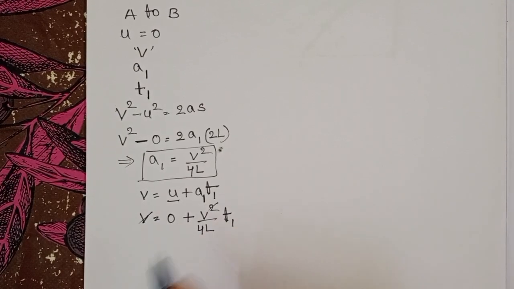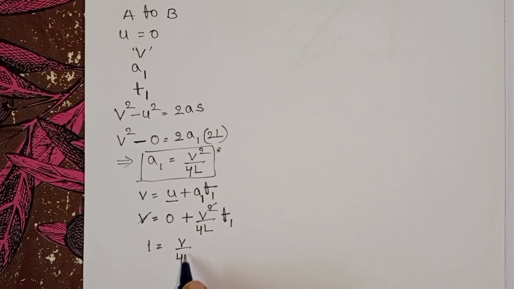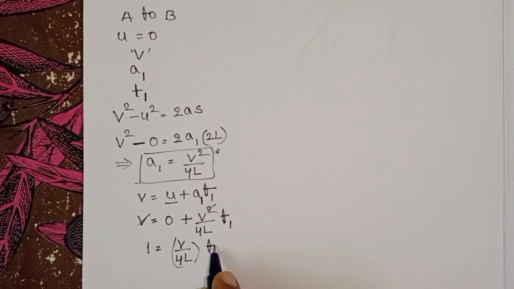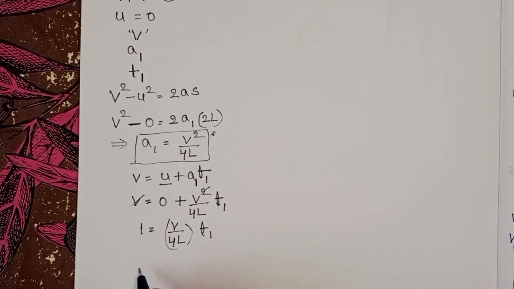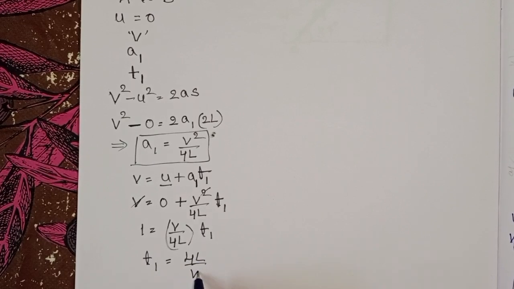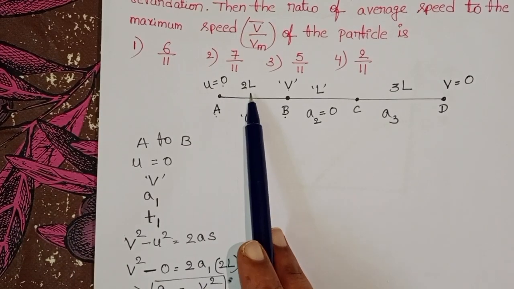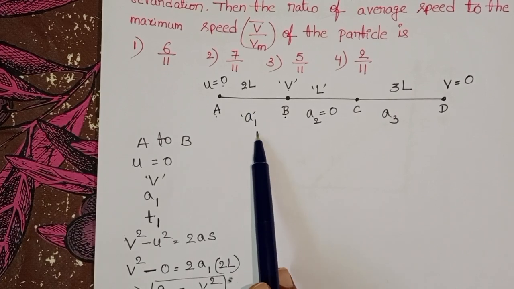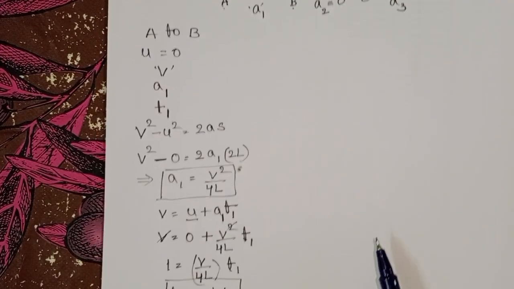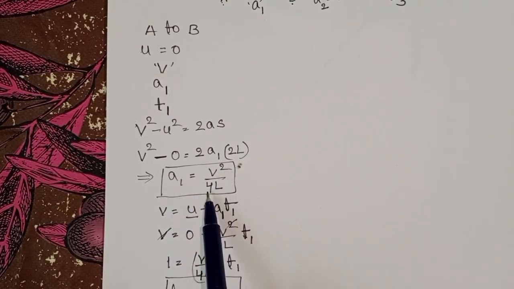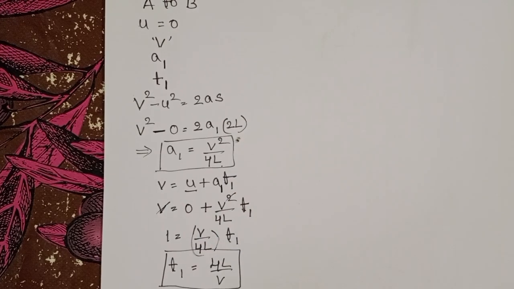So one v gets cancelled. 1 is equal to v by 4l into t1. From this, t1 is equal to 4l by v. The particle travels a distance 2l with acceleration v square by 4l and time 4l by v.